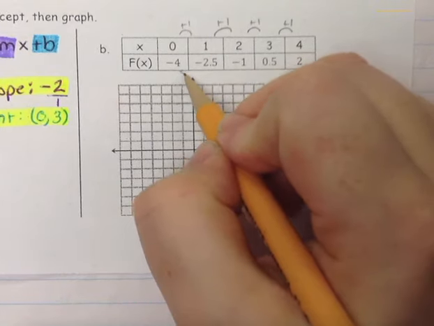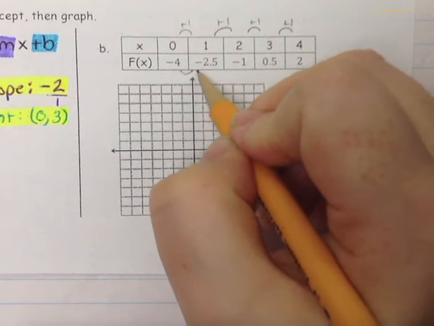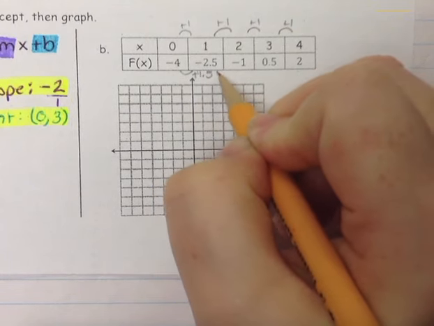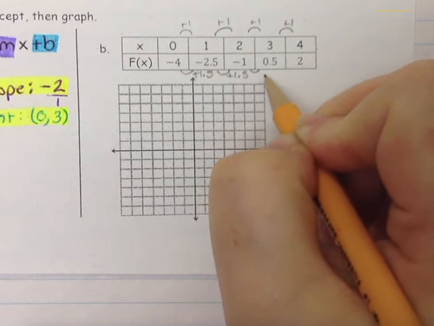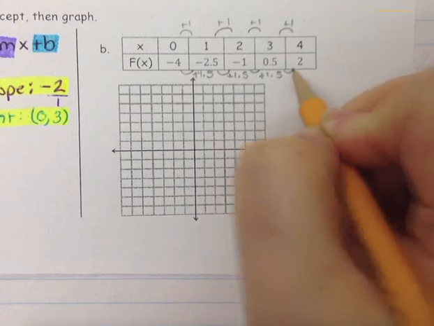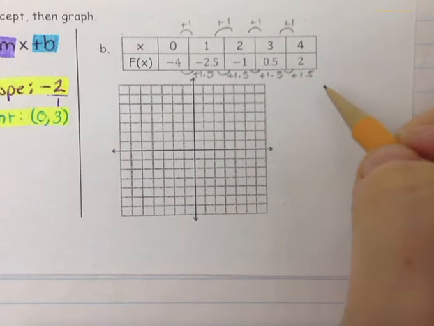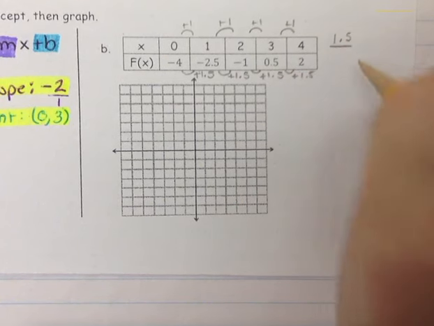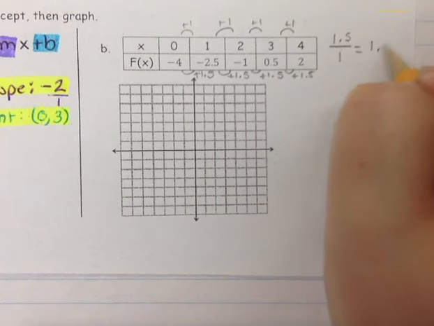So for my y's, from -4 to -2.5 is adding 1.5. From -2.5 to -1 is also adding 1.5. -1 to a half is adding 1.5. And from a half to 2 is adding 1.5. So our change in y is a positive 1.5 over our change in x is a positive 1, which is 1.5.